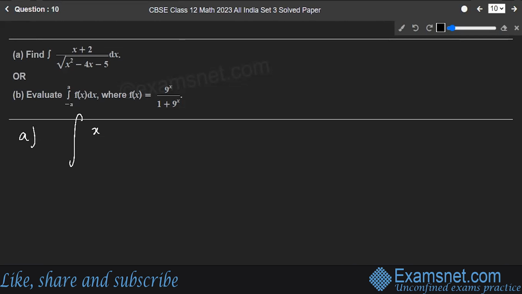It is the integration problem, x plus 2 divided by root of x squared minus 4x minus 5 dx. Now I'll add and subtract 2.